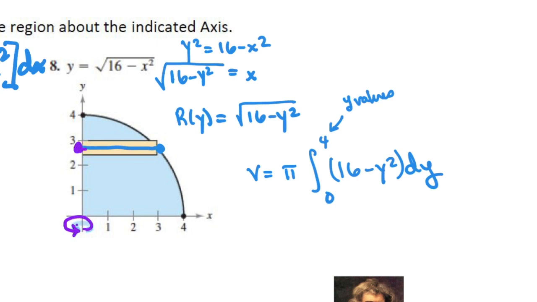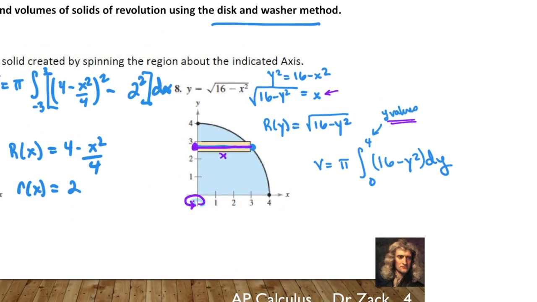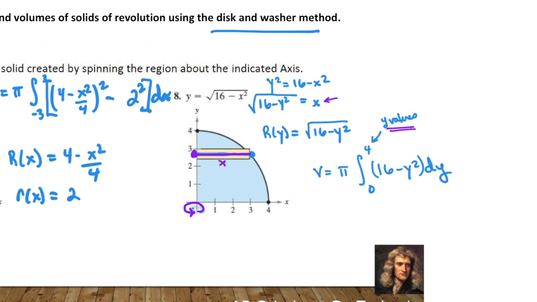When you draw from where you're spinning to the outer edge, the radius took on a length of x, and we know that x needed to be solved for. You came up with r of y is the square root of 16 minus y squared. Just a reminder, you're using the y values when you set up this integral because you're cutting on that y-axis. So practice the next couple problems.